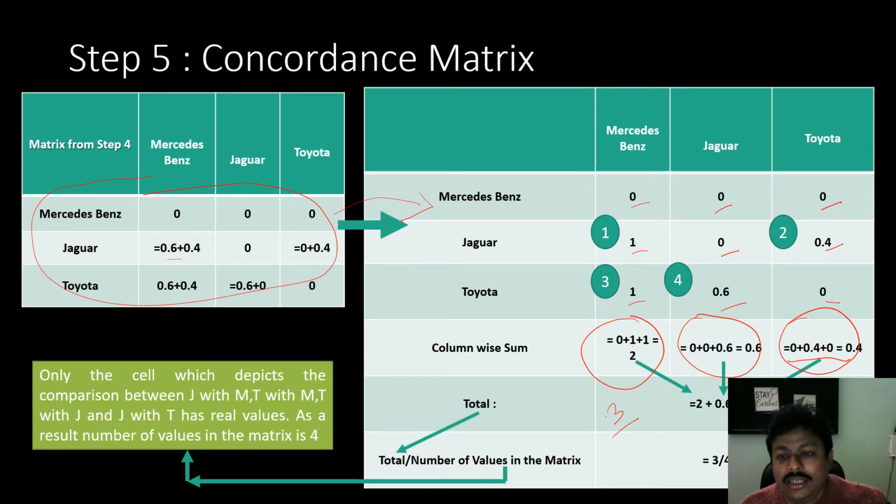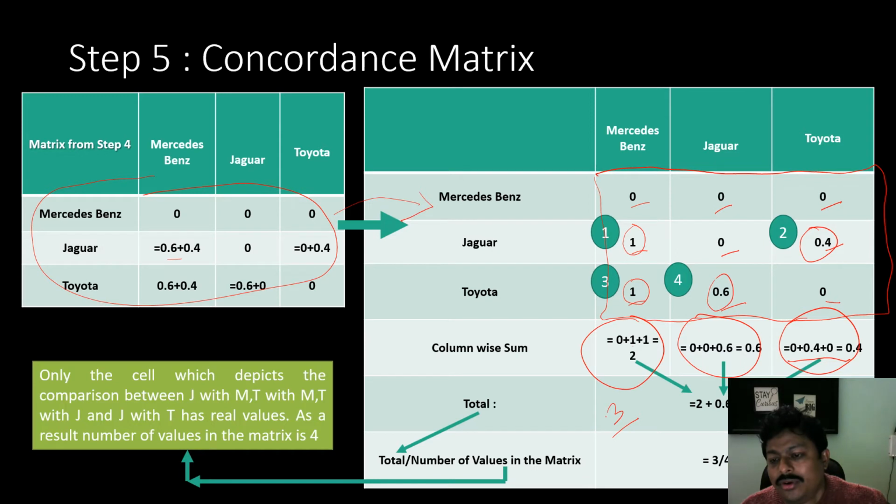Now you see in this matrix, how many non-zero numbers are there? As you see, this one is 1, this one is 2, this one is 3, this one is 4.